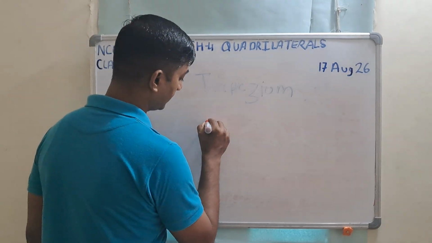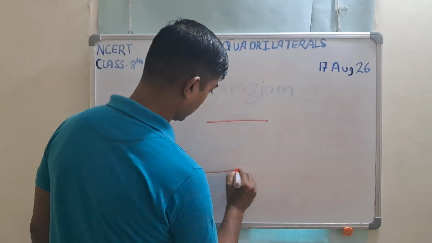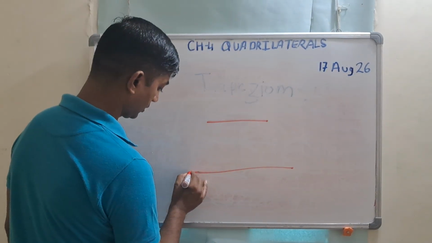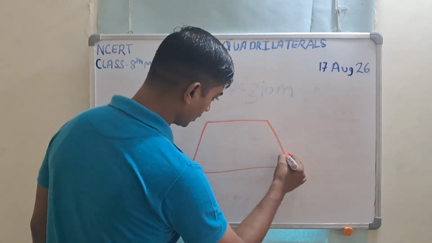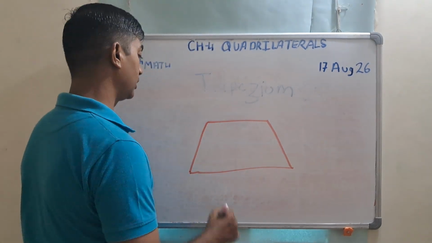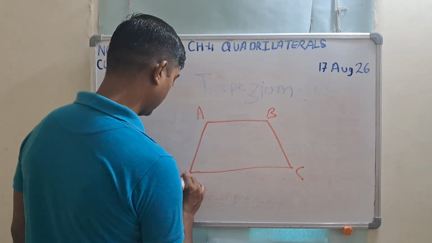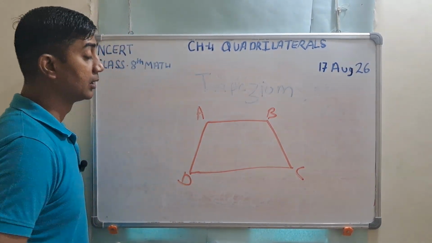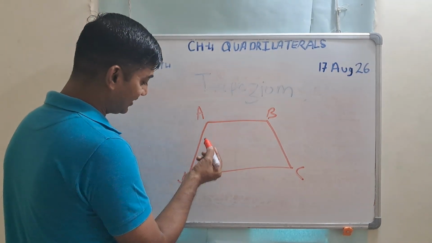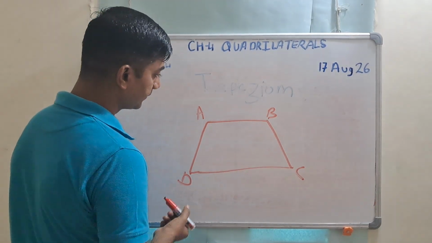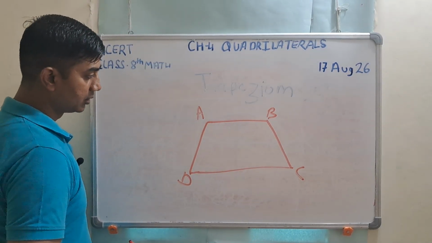Now see, this is the diagram of isosceles trapezium ABCD. Understood? What do we conclude about these internal angles, since these lines are parallel?